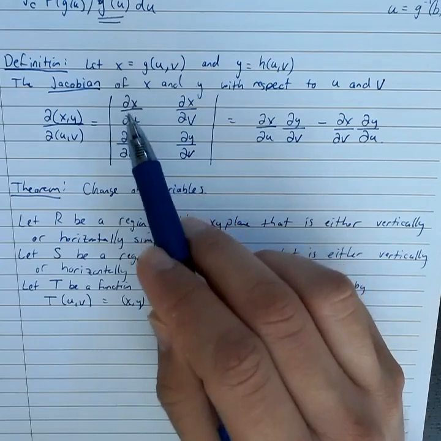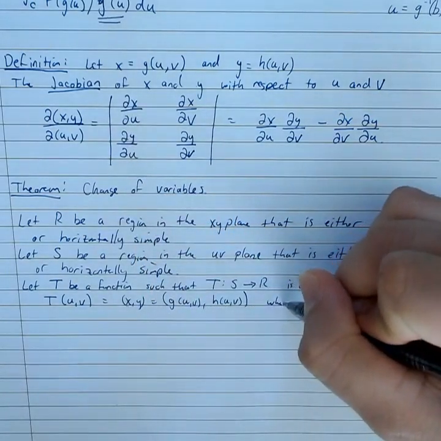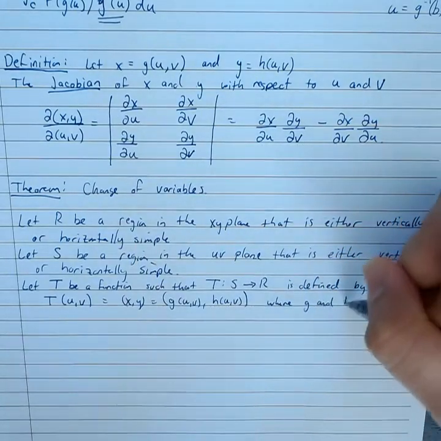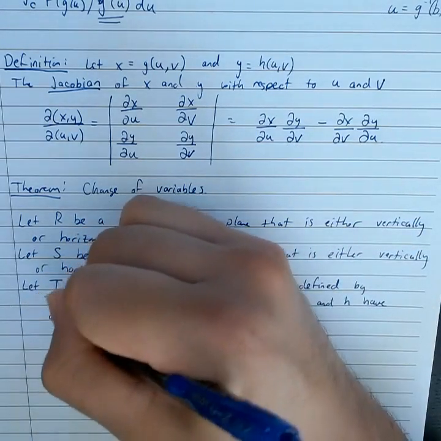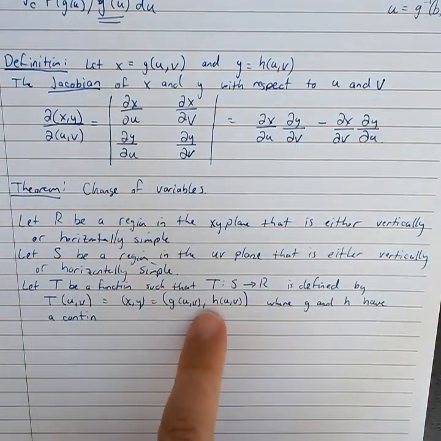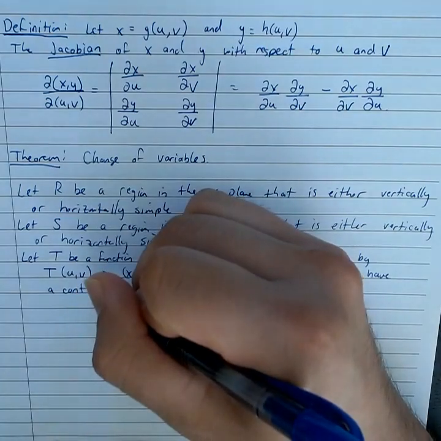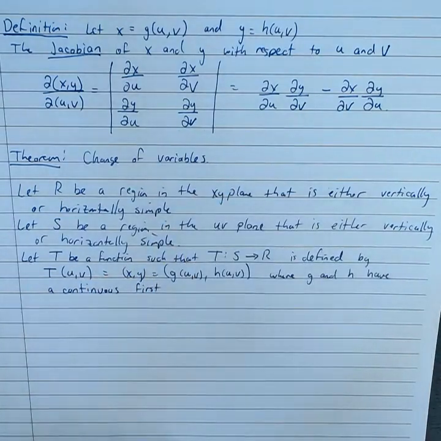We're going to need to know that this partial exists. So here we want g and h to have continuous first partial derivatives. So these are just regular functions. We're just going to say I have continuous first derivatives.